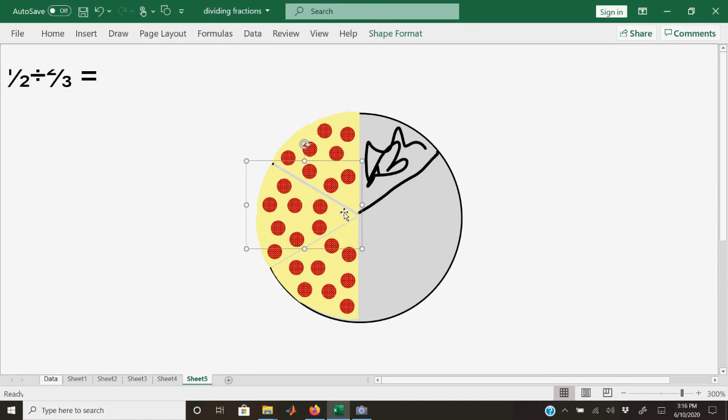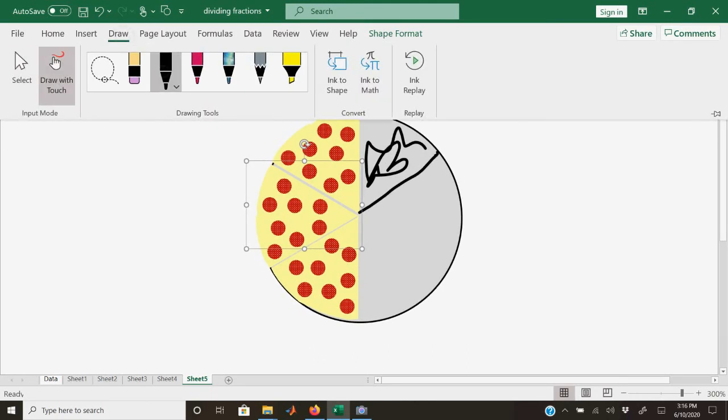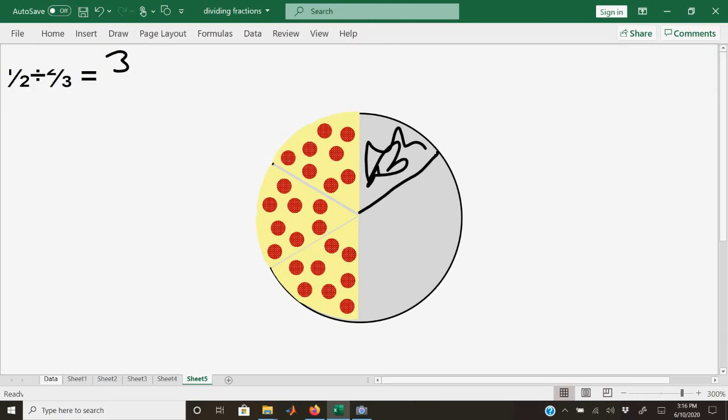And I can see that I need 4/6 to get 2/3. With my half, I have 3 out of those 4/6. So I have 3 out of the 4/6 that I need. So 3 out of 4.